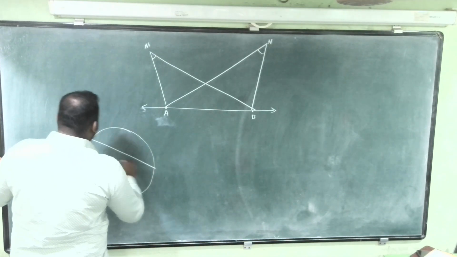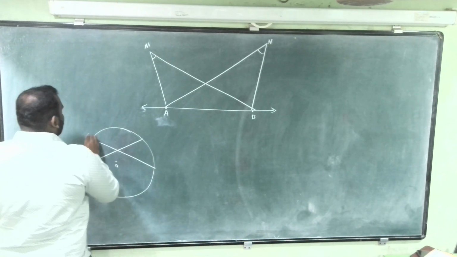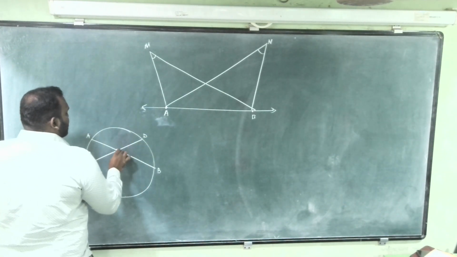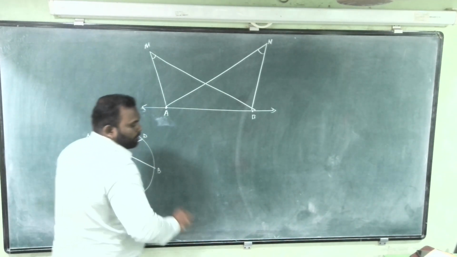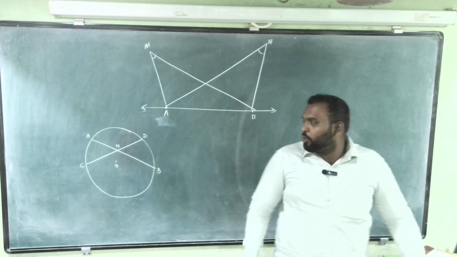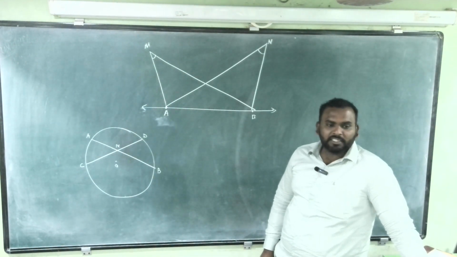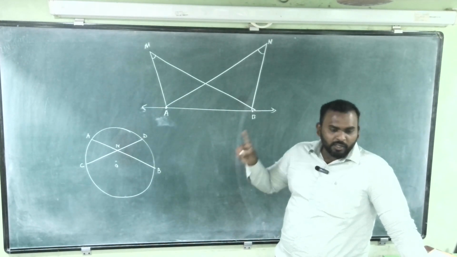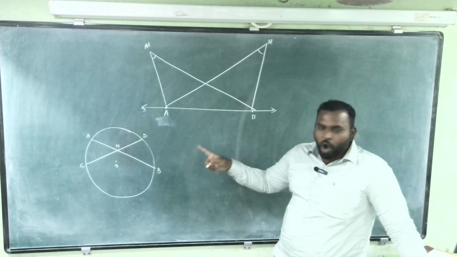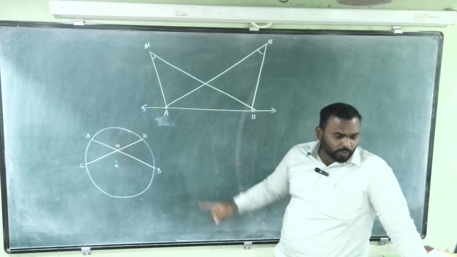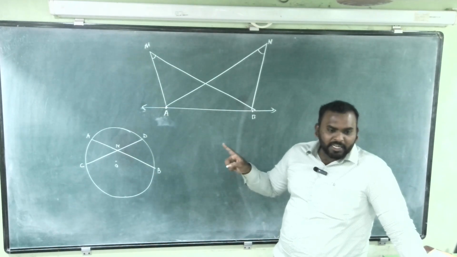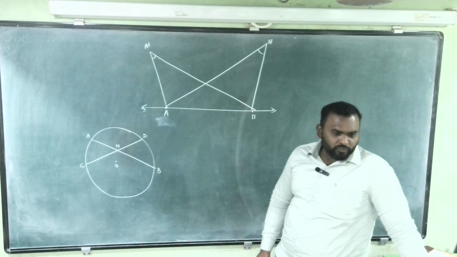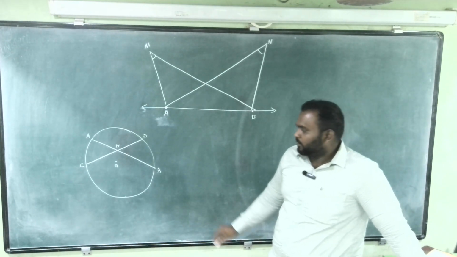And say if there are two chords AB and CD which intersect each other, say at point M. In this case, कभी भी कोई भी सम में दो कॉर्ड अगर इंटरसेक्ट हो रहा है तो ये दो कॉर्ड के इंटरसेक्शन से इधर कितने एंगल्स दिख रहे हैं? 4 angles. What are those 4 angles?